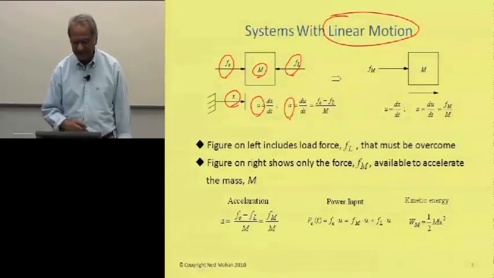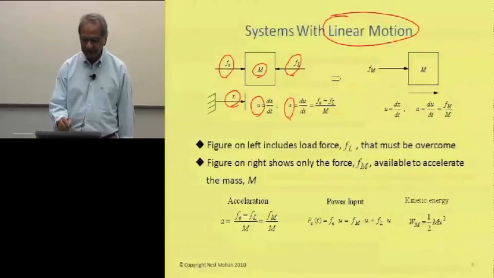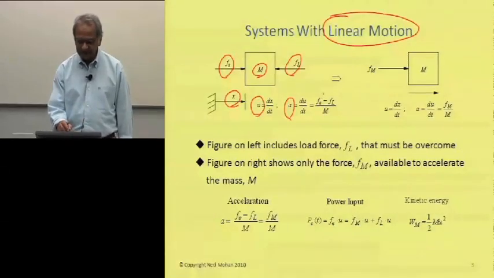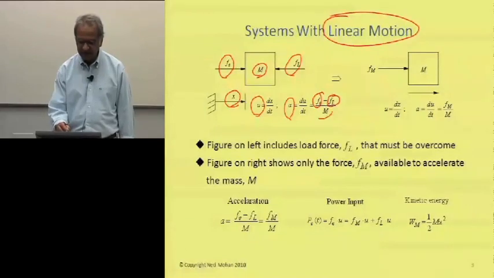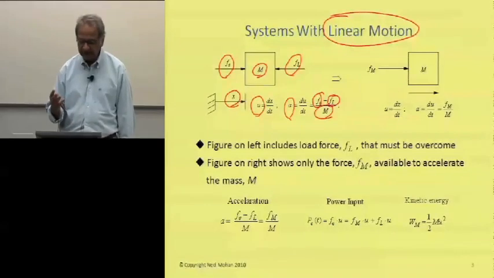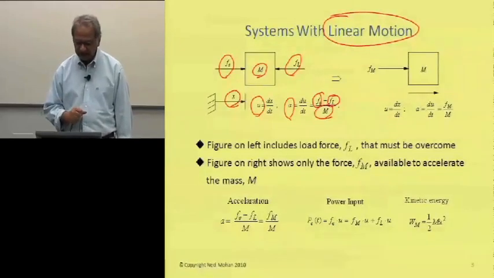As you can see, this acceleration would be the difference between the external force minus the load force, which is opposing it, divided by the mass. So mass times acceleration is the net force acting on it.